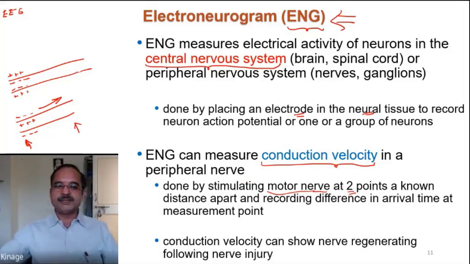That is actually this ENG, electroneurogram. This conduction velocity shows nerves regenerating following some nerve injury.